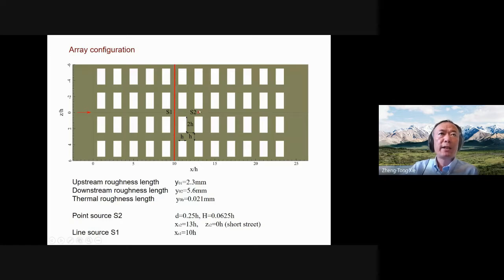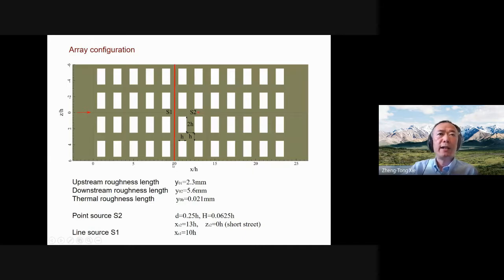In the wind tunnel, they only did the point source, which is S2. They will consider in the future the line source. So why have we done line source in LES?